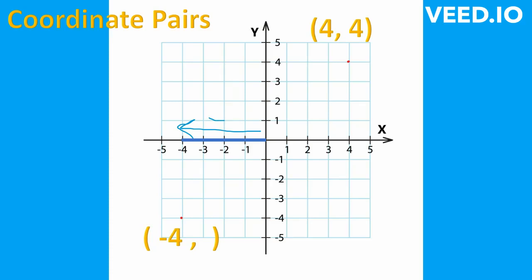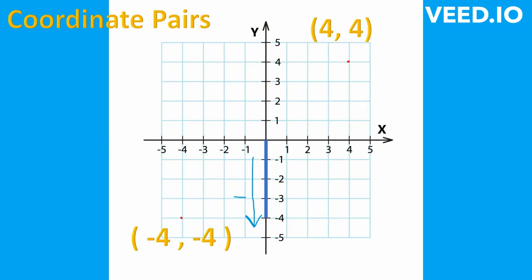The y coordinate is 4 units from the origin on the y-axis, but in the downward direction, the negative side. So the y coordinate is minus 4.